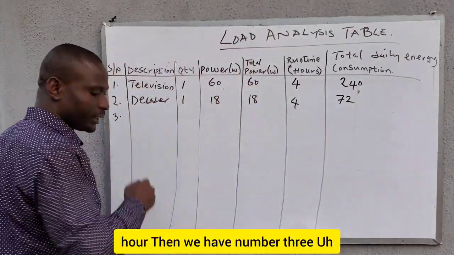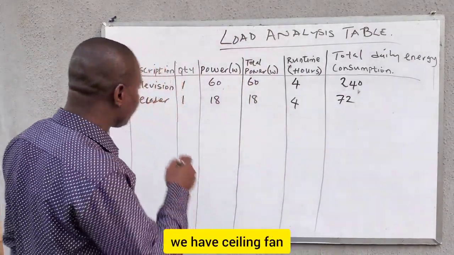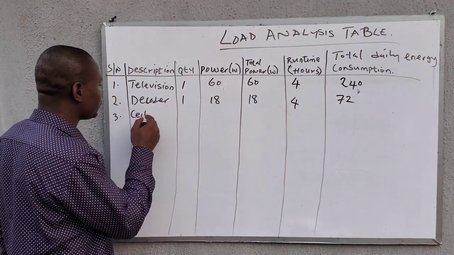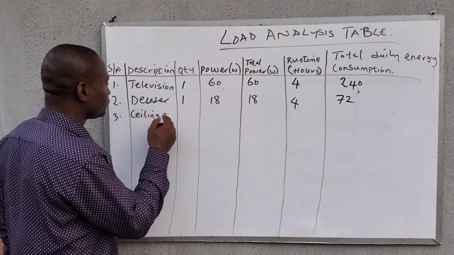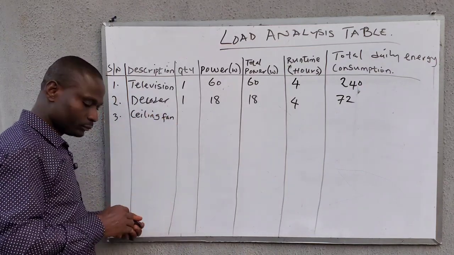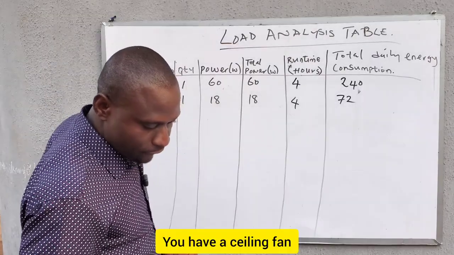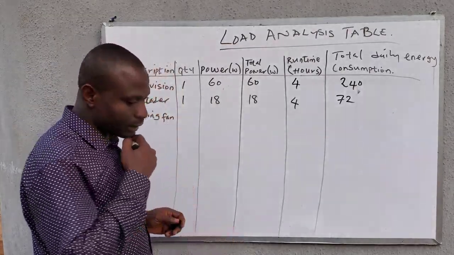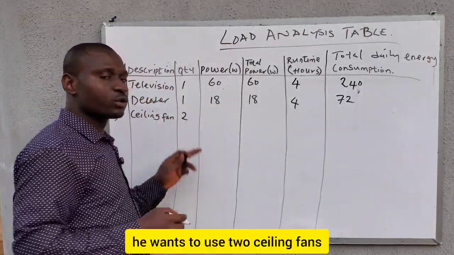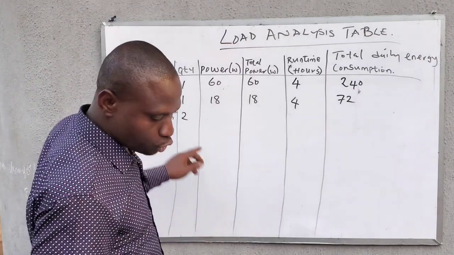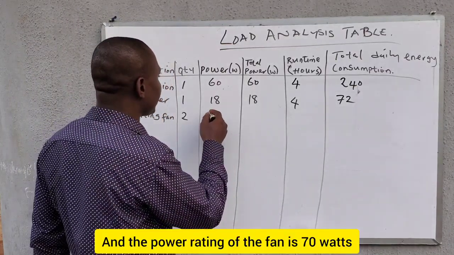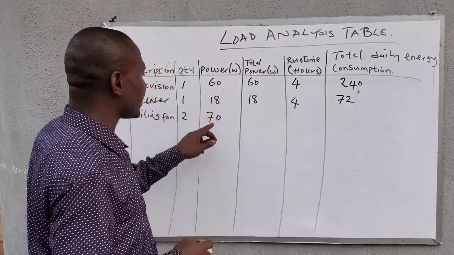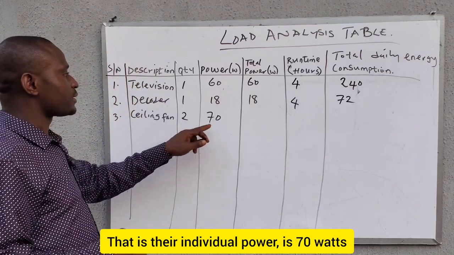Then we have number 3, we have ceiling fan. The quantity, he wants to use 2 ceiling fans, is 2, and the power rating of the fan is 70 watts. That is their individual power is 70 watts.